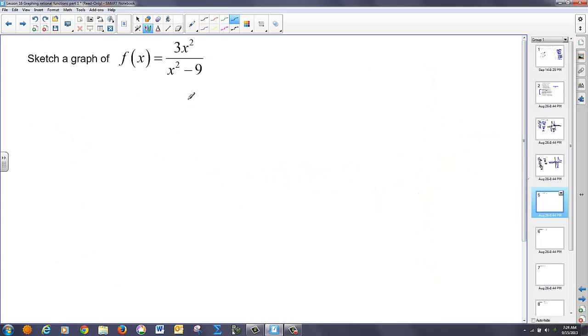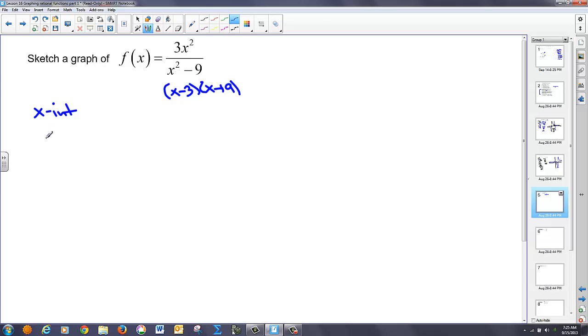You'll notice in this problem, I have a second degree on top and a second degree on bottom. I always take and factor that denominator out first, just because I know I'm going to need it when I set my denominator equal to 0 for my vertical asymptotes. So I'm going to do an x-intercept first.